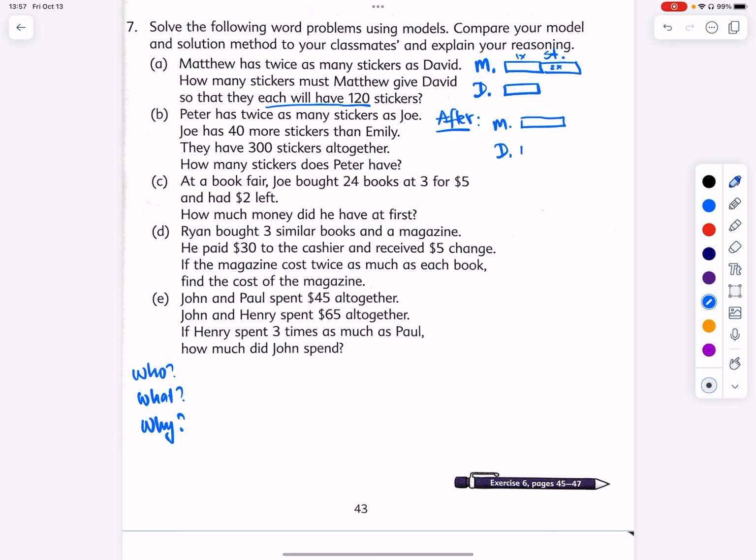So each of them at the end will have 120. So let's label 120 for Matthew, 120 for David. My friends, this is a before and after type of Singapore math problem. There was something there before, there was some exchange that happened, and after that, Matthew and David will have equal amount of stickers, 120 each.